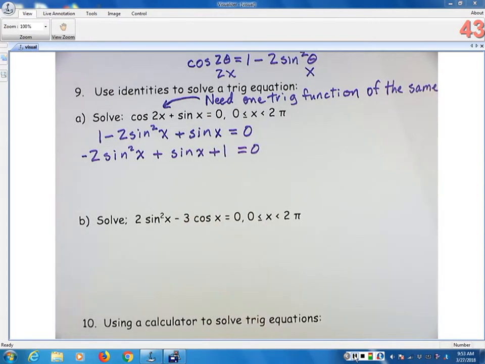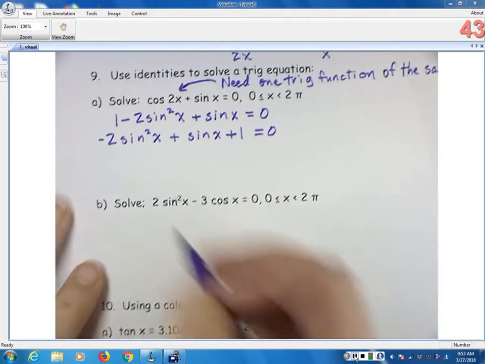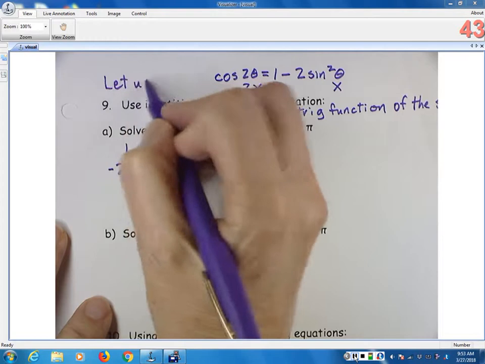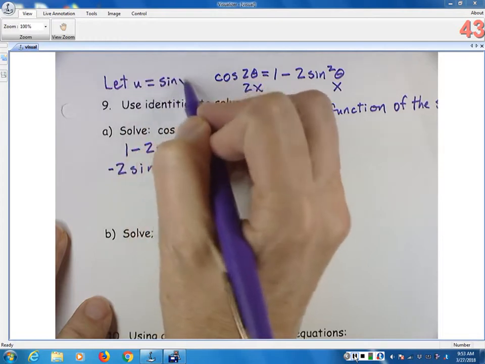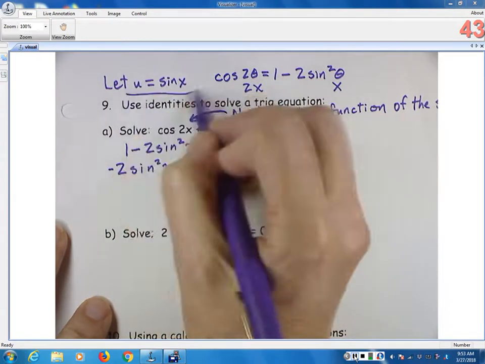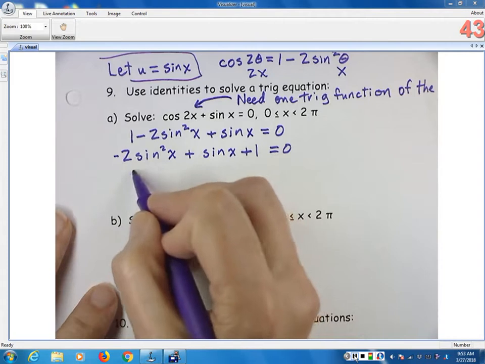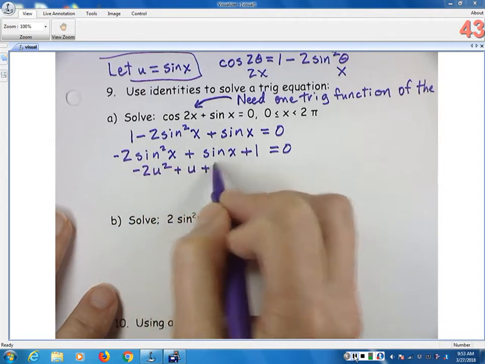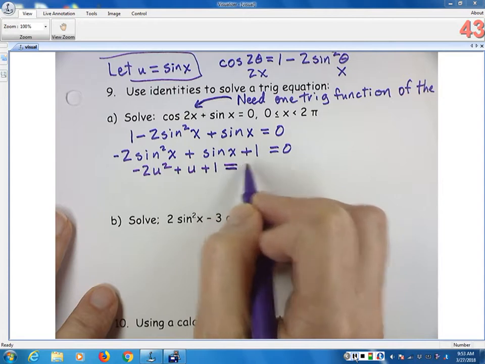Do you guys like to make the substitution to u first? So let u equal sine x. So we get minus 2u squared plus u plus 1 equals 0.